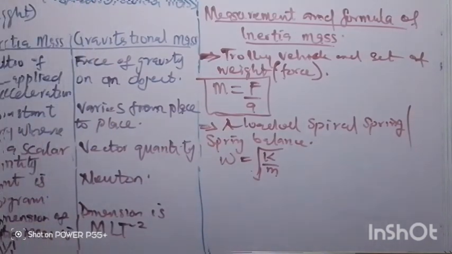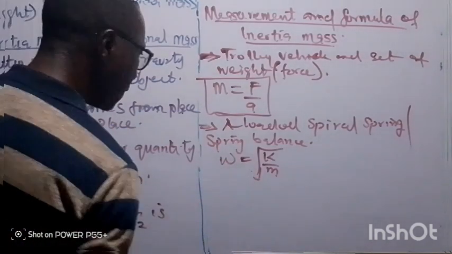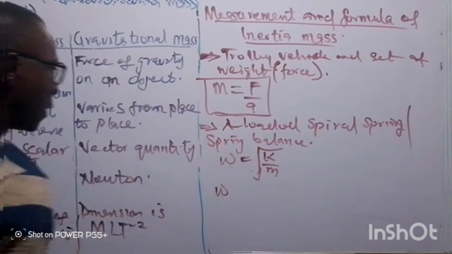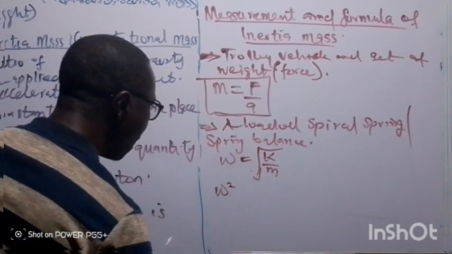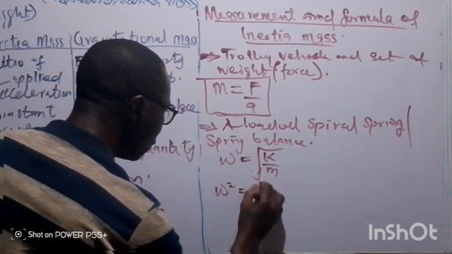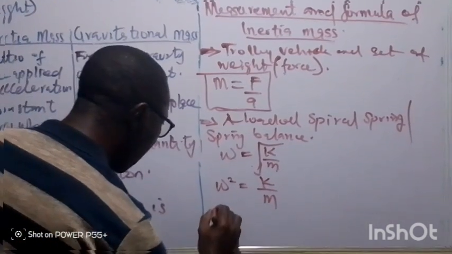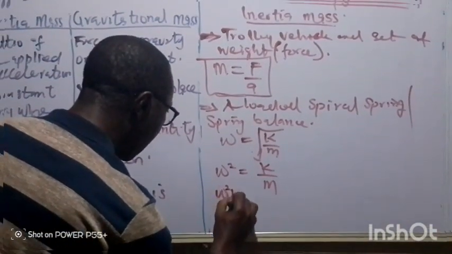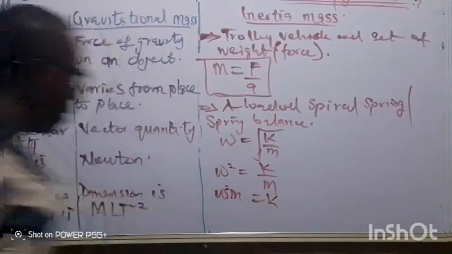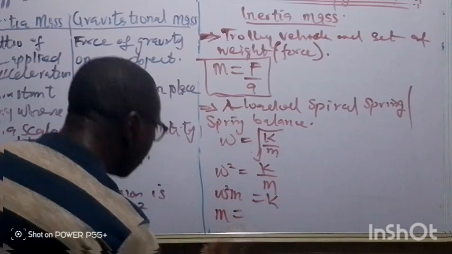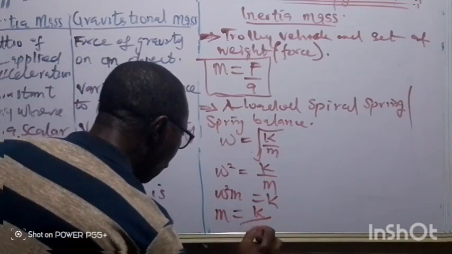So making M the subject of the formula, we are going to have omega squared equal to K over M. And from there you can see omega squared M is equal to K. So we are going to have our inertial mass M equal to K over omega squared.